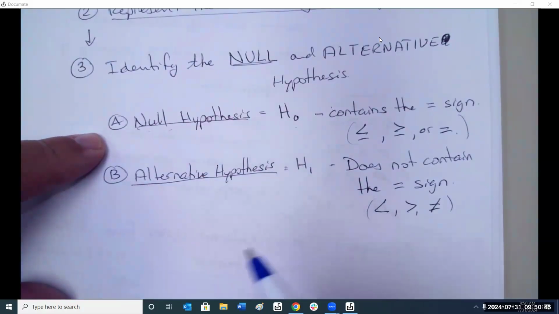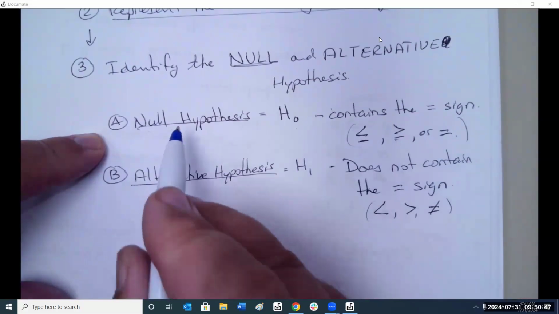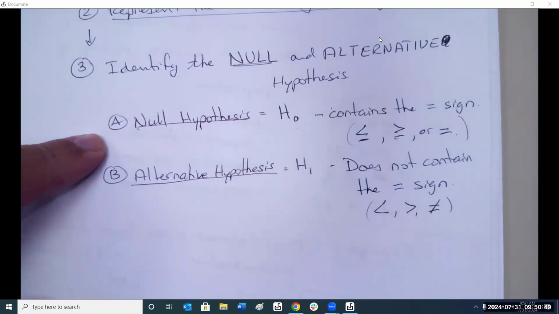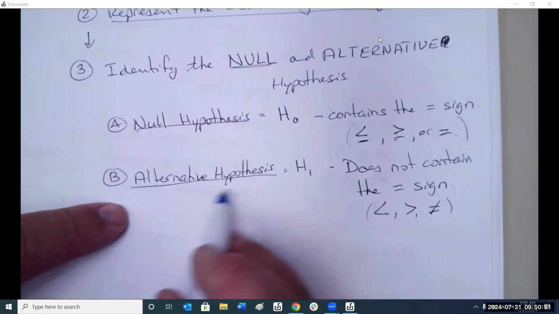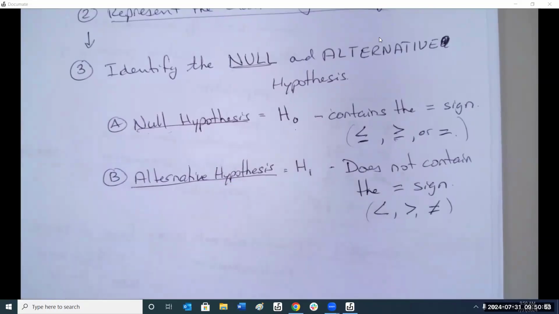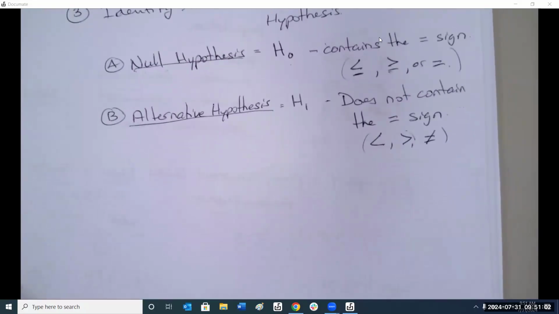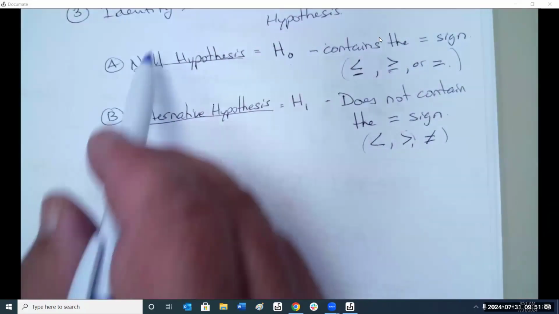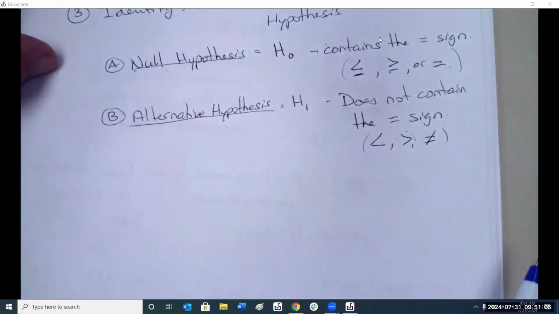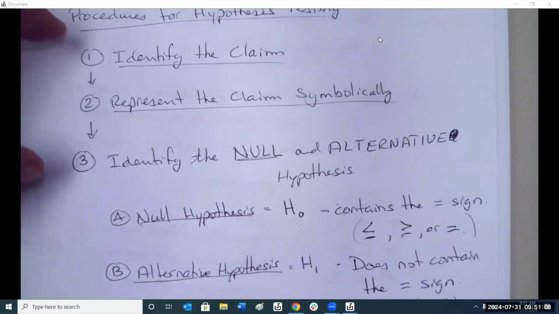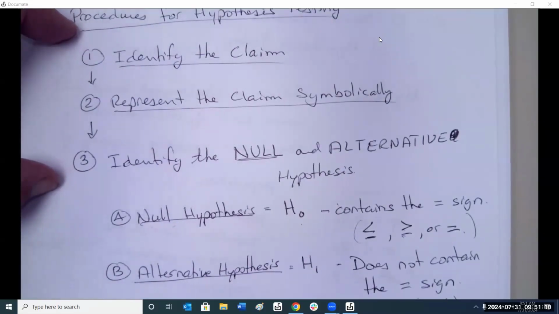If the cards are the same, the dealer wins. So the only way that you can win is if your card's higher than the dealer. So your card will have to be strictly higher, not equal to. So these first three sections just set up your hypotheses.